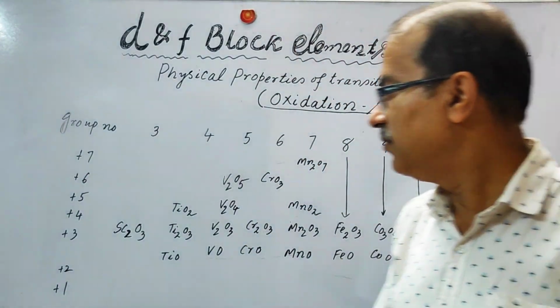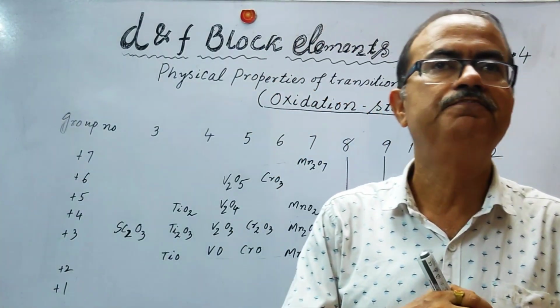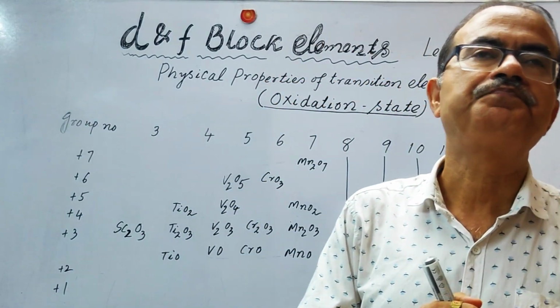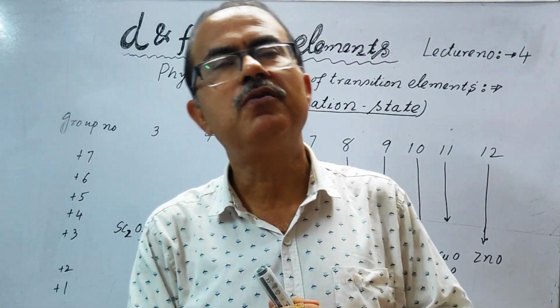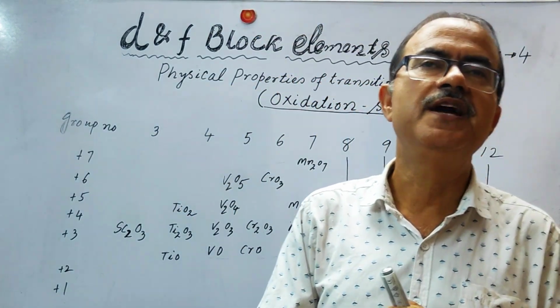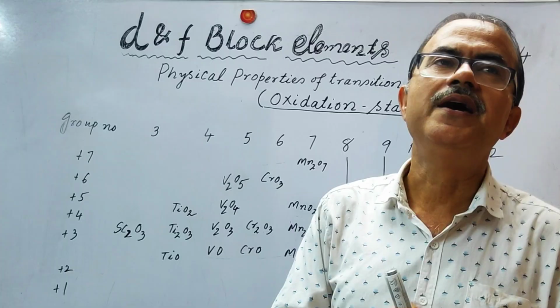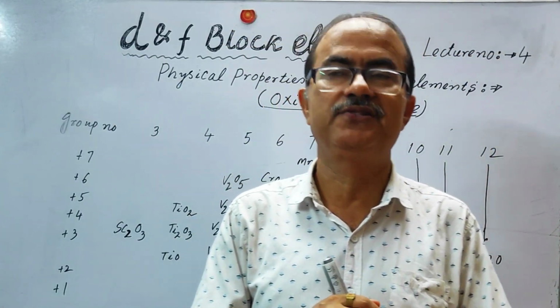Now we are going to understand the trend of the oxidation state down the group. In the p-block elements, due to the inert pair effect, you will observe that the higher oxidation state is not stable for the higher members.